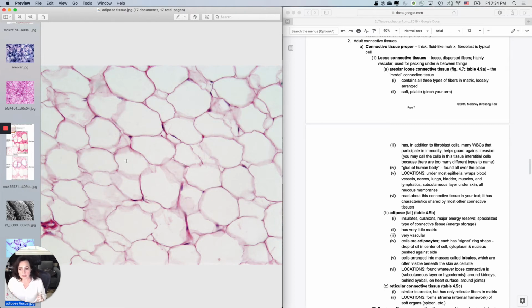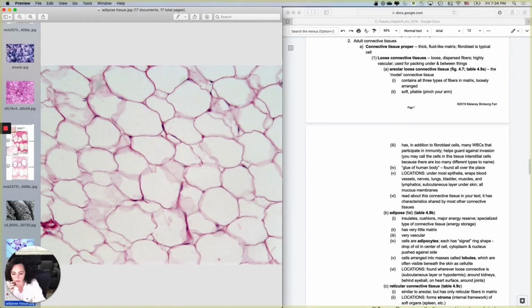Only what happens in this tissue is you had an areolar tissue with fibroblasts and fibers in there, and then you started gaining weight. And as you started gaining weight, these adipose sites start to fill up and go through cell division. So let me show you what you're looking at with this.